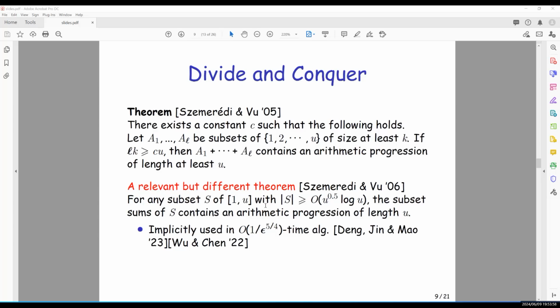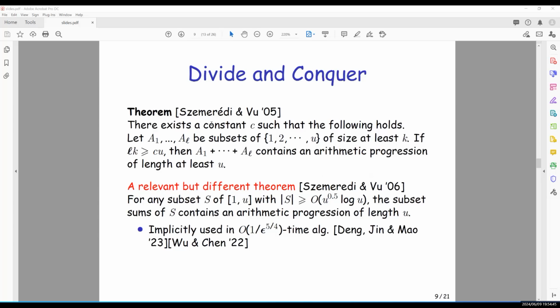And actually, the prior two papers that obtain the running time of 1 over epsilon to the power of 5 over 4 are both utilizing this theorem implicitly. By implicitly, I mean both papers are not using it directly, but are using an algorithm called the dense subset sum algorithm by Galil and Margalit, which utilizes this Szemerédi 2006 theorem. Therefore, both algorithms are implicitly using this 2006 theorem.